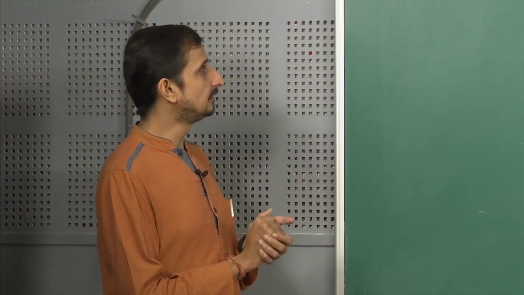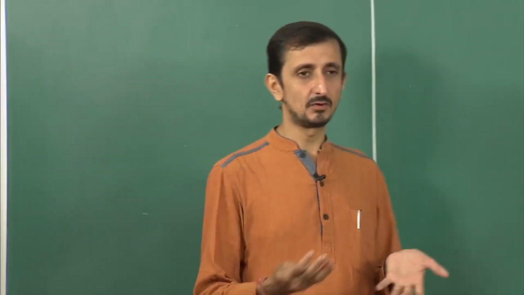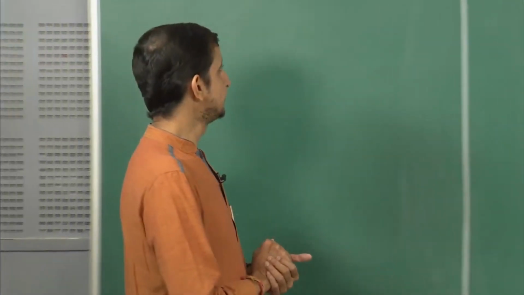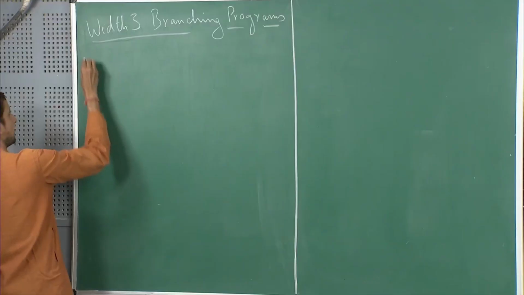A set of instructions over S5 basically corresponds to a branching program of width 5. So we are going to look at a set of instructions over S3 instead.